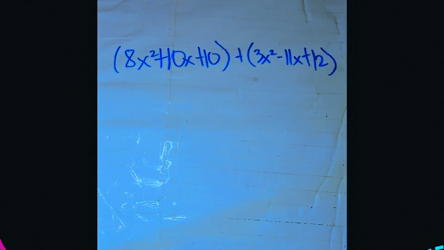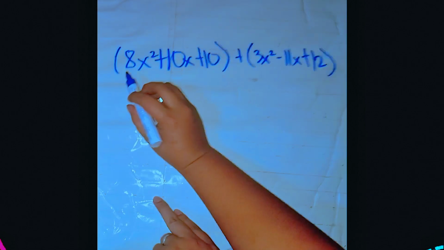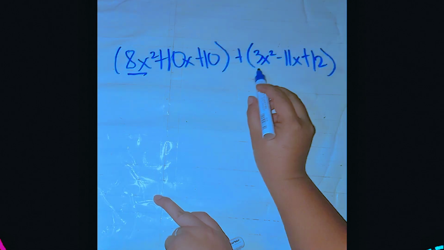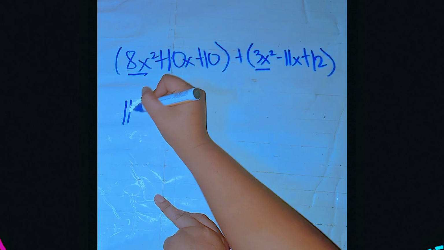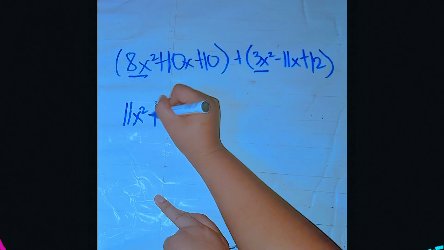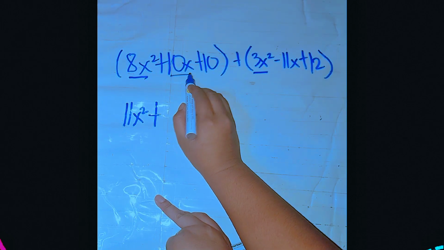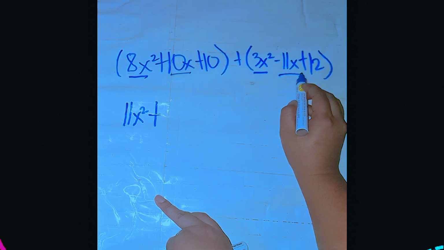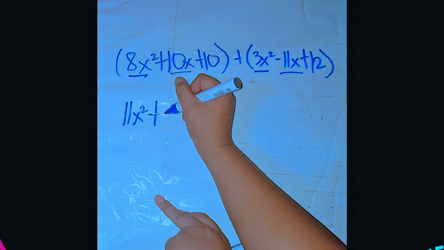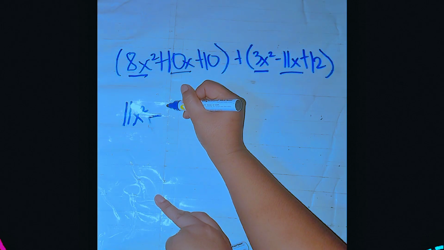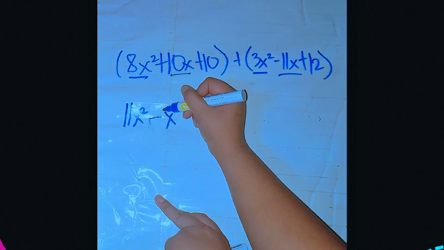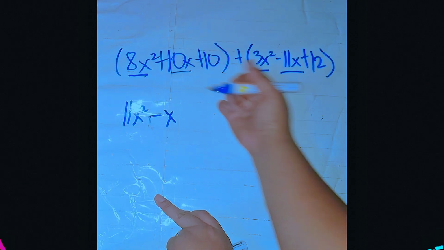First is we need to add the like terms. We have 8x squared plus 3x squared is equal to 11x squared. Plus 10x plus negative 11x, we're gonna have negative 1x or negative x.